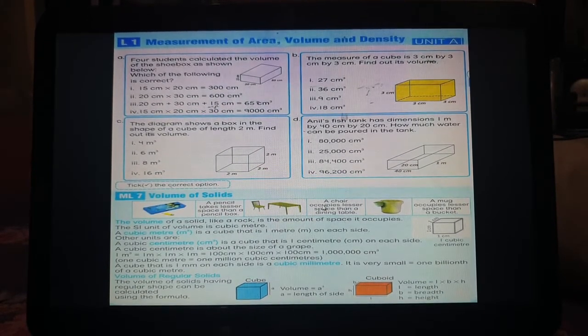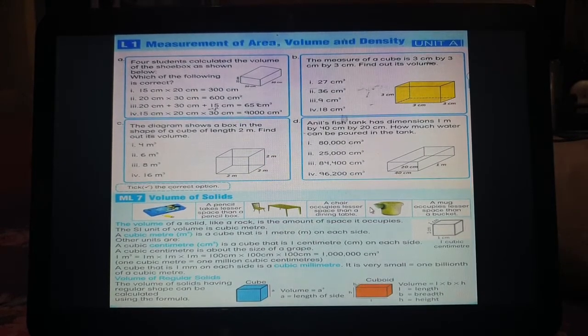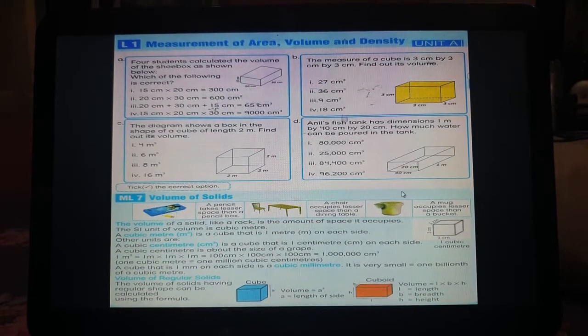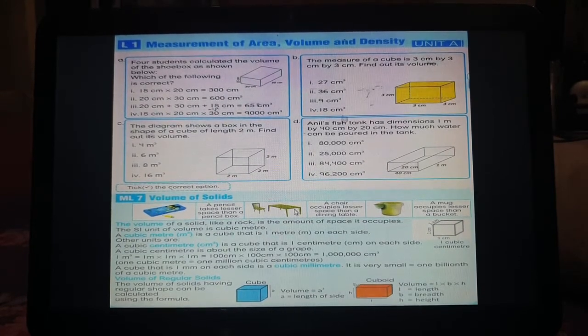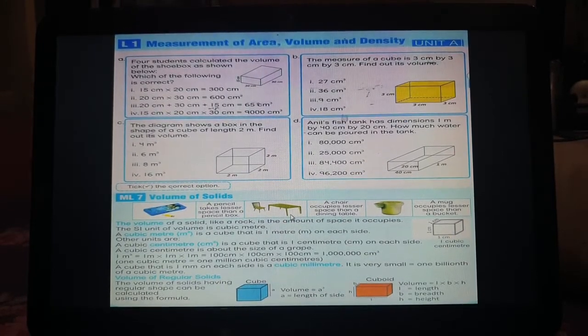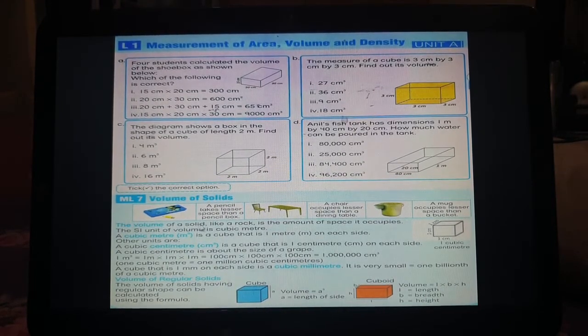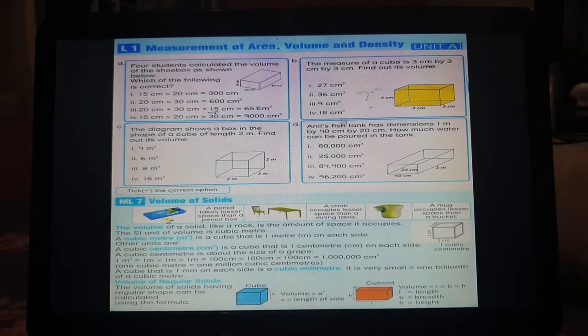So these three things occupy different spaces, spaces in the sense of the place where they are kept. A very small amount of space is required for the pencil box, a bit more space is required for this bucket, and a large space is required to keep this dining table. So that is what we define: the volume of a solid is nothing but the amount of space occupied by a given thing.